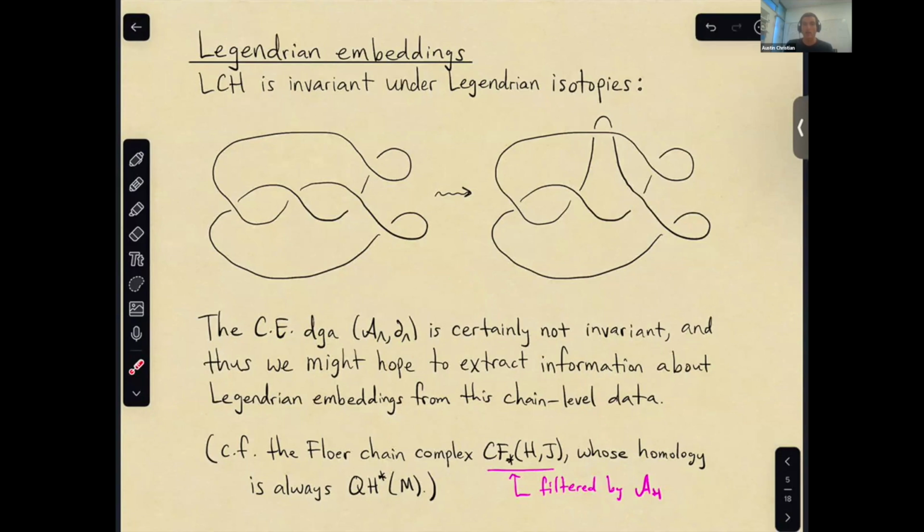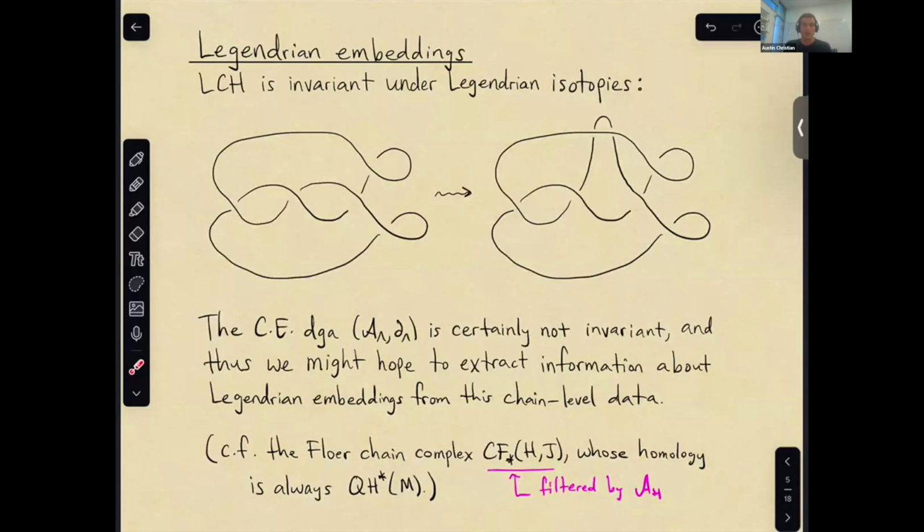So if you want to distinguish between isotopic Legendrian embeddings, LCH can't do it, but perhaps the Chekanov-Eliashberg DGA can. In this case, we see that we've added 2 generators to our DGA. If you take the homology, you're not going to see those generators that you've added, but maybe at the chain level, there's some information you can extract which will distinguish the embeddings.